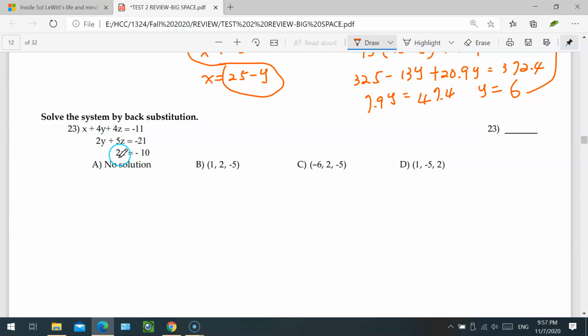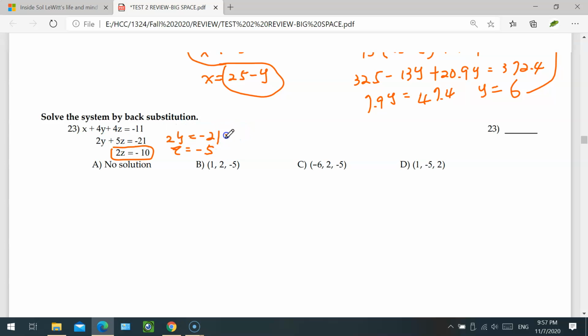Number 23, we should be able to do it by hand because it gives us a single variable z, z equal negative 10. So it's very easy to compute z as negative 5. Once I have negative 5 determined for z, I can go back to solve for y. So 2y is equal to negative 21.